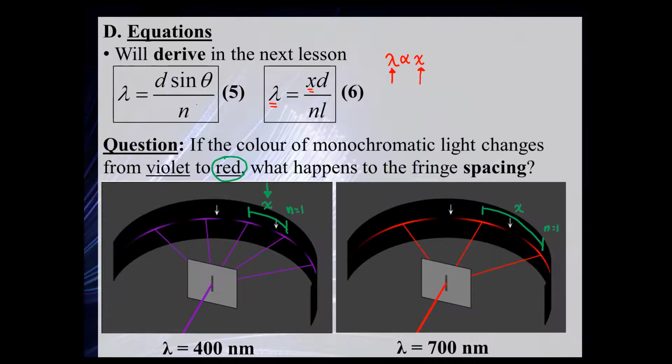You can also justify it with the second equation, and by second equation, I mean the one that appears first, equation 5. So in this equation, well, what's changing? Wavelength. d is constant, n is constant, theta is going to change. If theta gets bigger, then x would also get bigger.